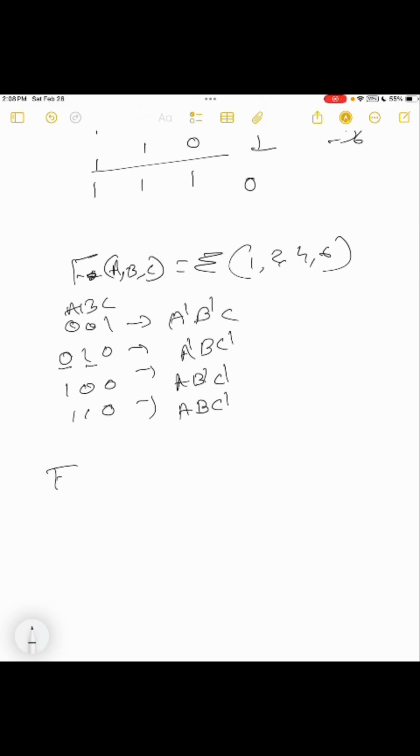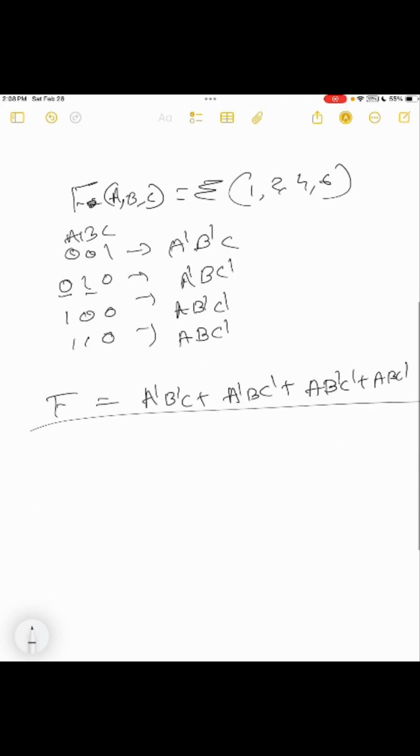For the canonical SOP, we just combine all of the minterms: A dash B dash C plus A dash B C dash plus A B dash C dash plus A B C dash. This is our canonical SOP.